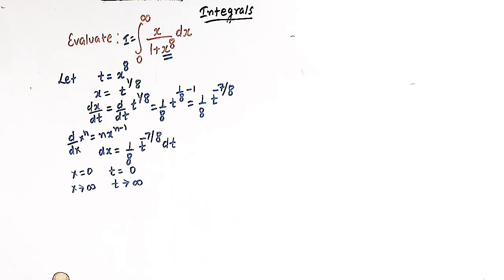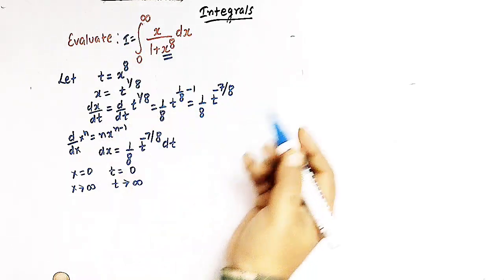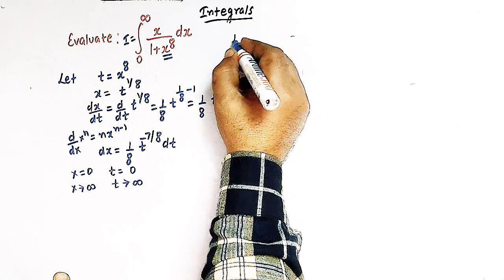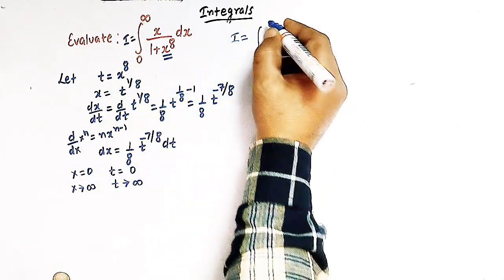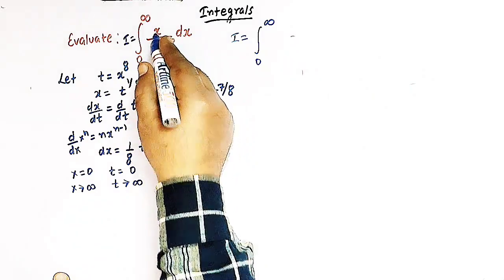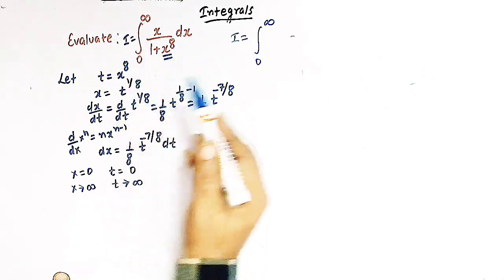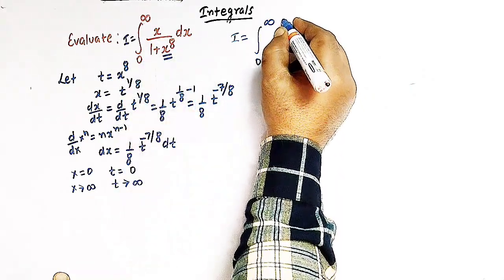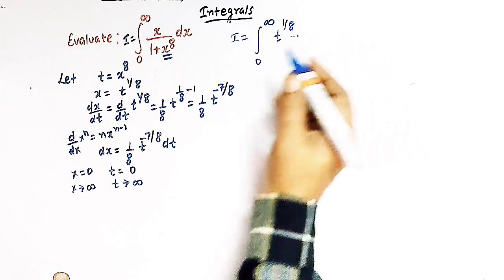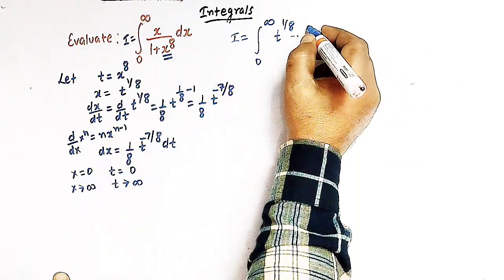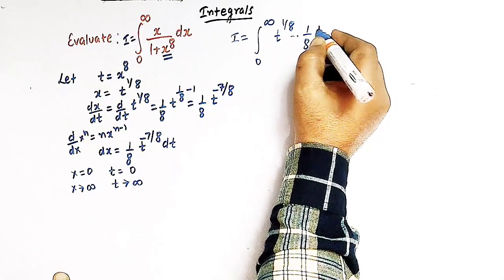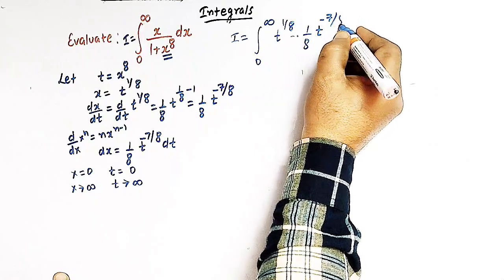So now let us write this integral in terms of the variable t. So we can now write 0 to infinity, and for x we can now write t raised to 1 over 8. And for dx we can now write 1 over 8 t raised to minus 7 over 8.